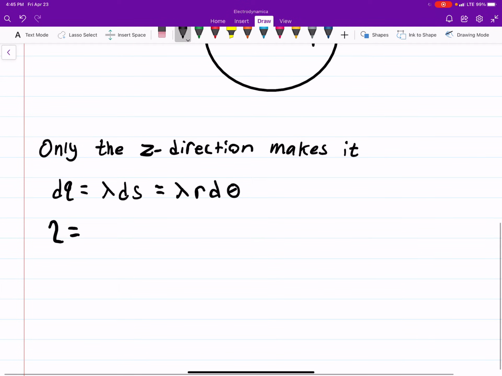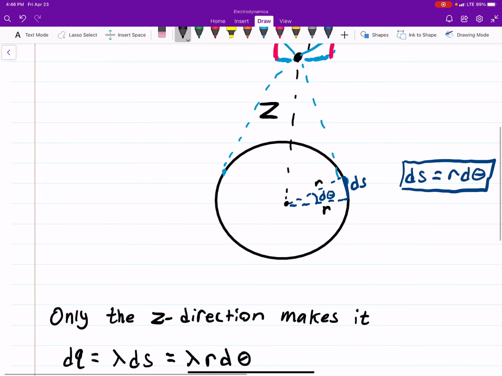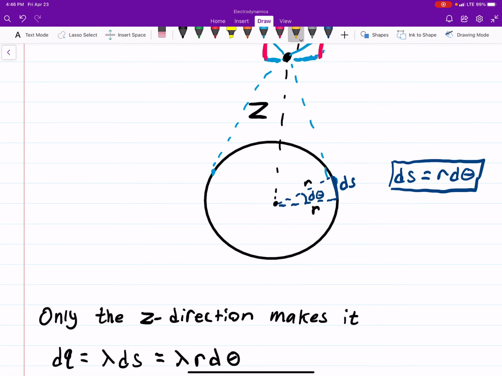Script r, that's the distance from where we're interested. That's just basically your separation vector. So that's going to be the square root of r squared plus z squared. You can see that by the symmetry. You could also have done it with vectors: vector r is z k hat, r prime is r, you can just call it r hat.